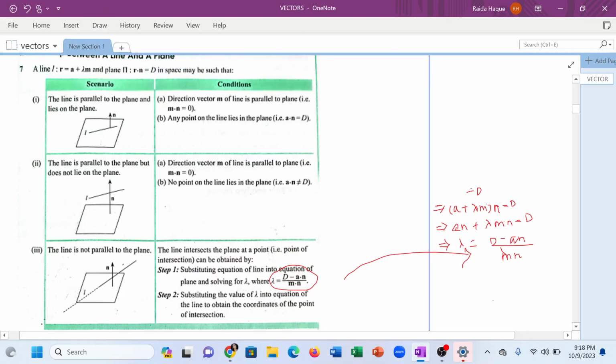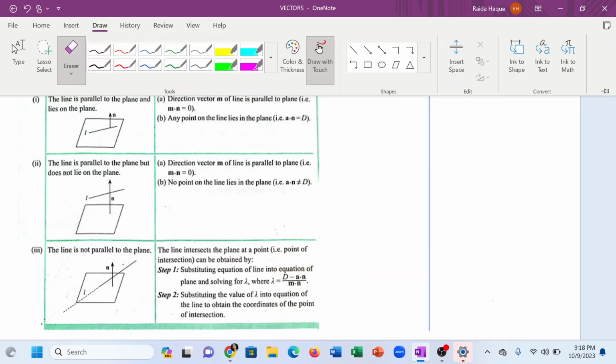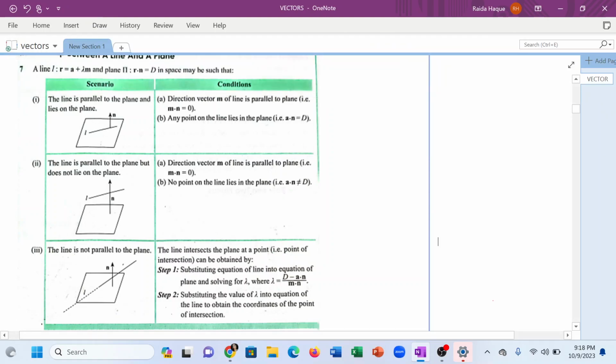So now since we have understood all that, let's erase it and go back to where we were.